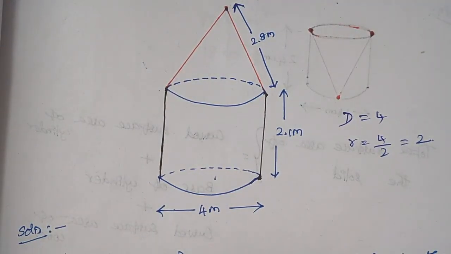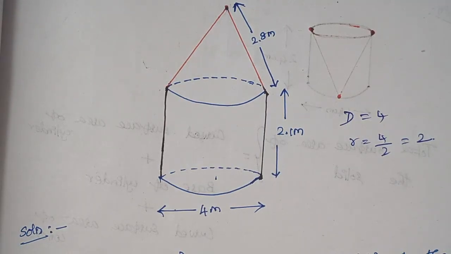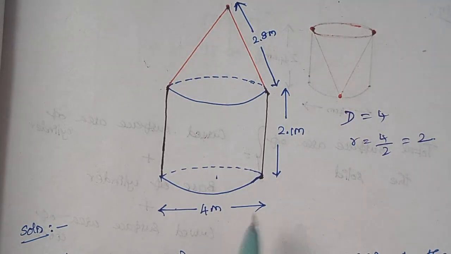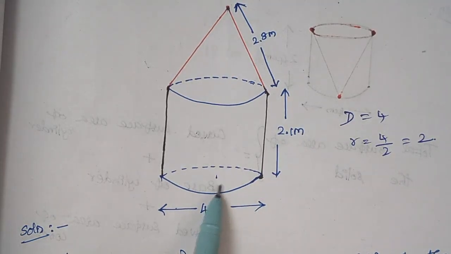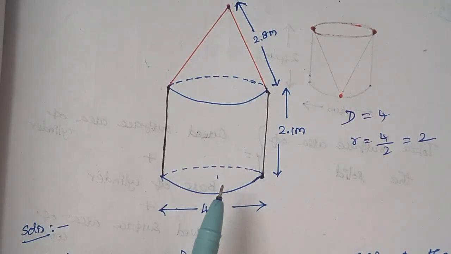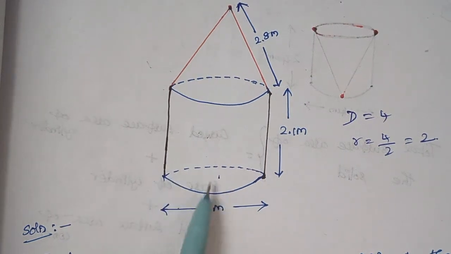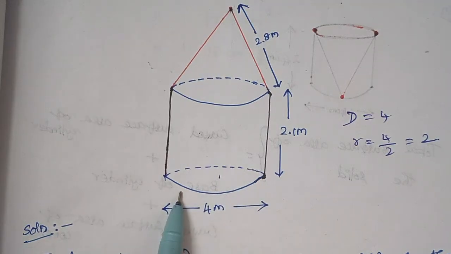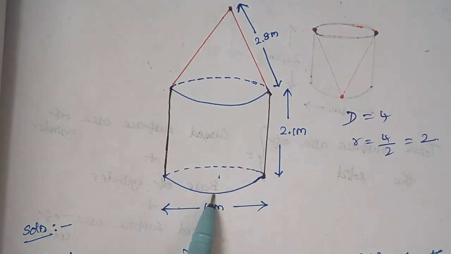Canvas is just like a painting, done on the walls as well as on the ceilings to have a good interior look. Just think by yourself, will we put any canvas at the bottom of a cylinder, on the floor? Obviously no. That is the reason we have omitted the area of the base of the cylinder.